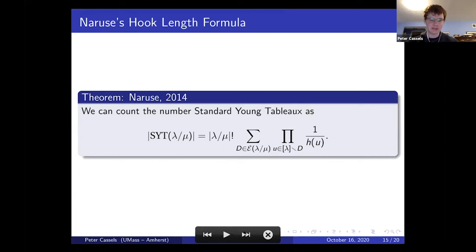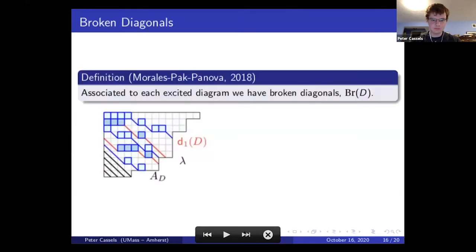And again, if you take mu as the empty set, or even mu to be the partition with just a single box, then this gives us the Frame-Robinson-Thrall normal formula. And then Morales, Pak, and Panova introduced the broken diagonals associated to the excited diagrams.